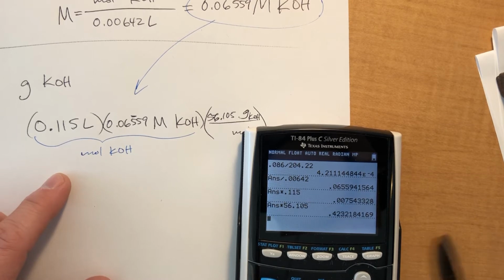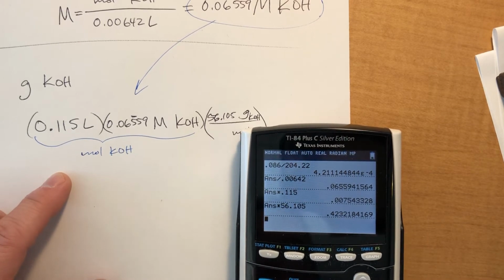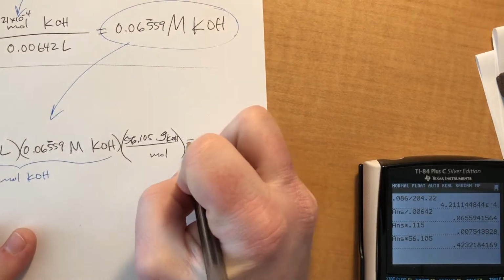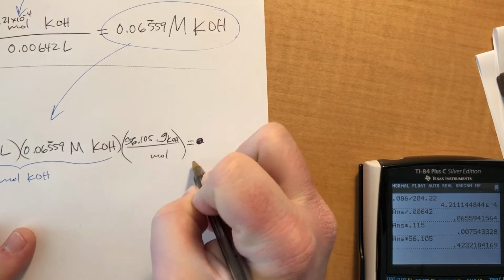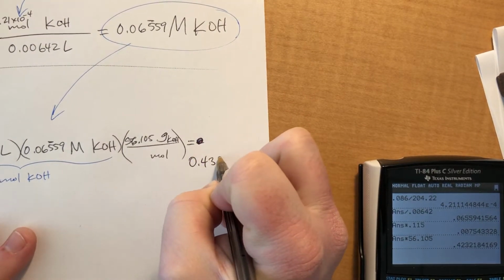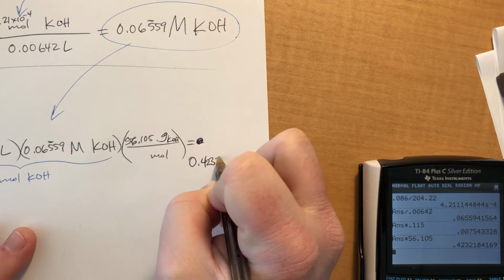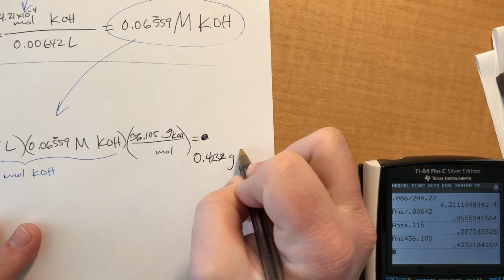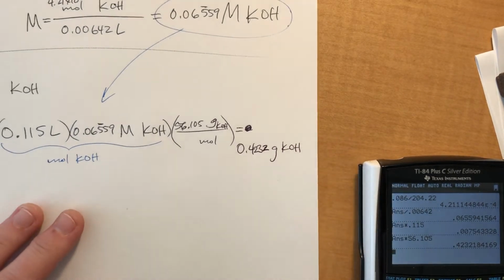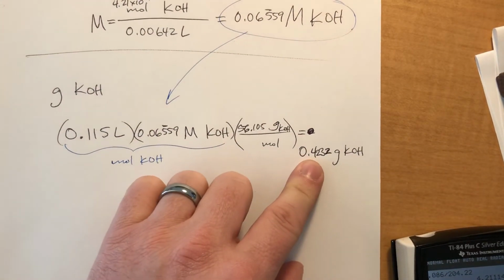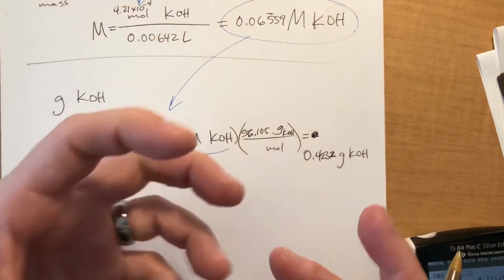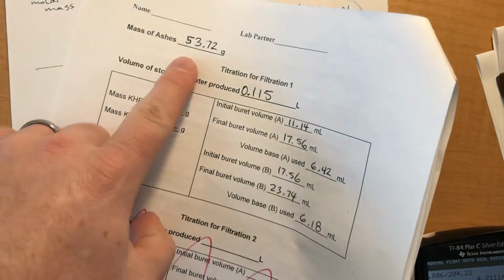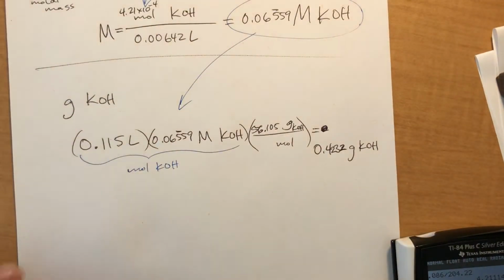And I got 0.4232 grams of KOH. That is the total amount of KOH that was extracted out of my fictional amount of ash.